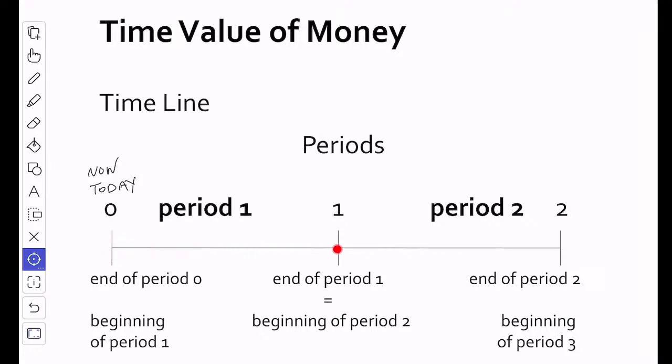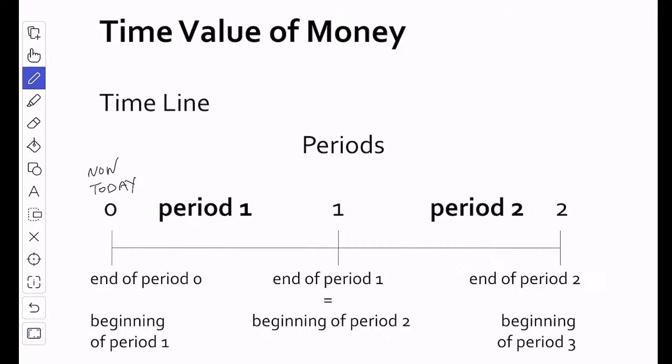Period 1 transpires, or we work through period 1, and then we end up here at the end of period 1. So the numbers correspond to end of period. So that's why 0, as much as it's today, it's also referential to what happened before. It's the end of period 0.